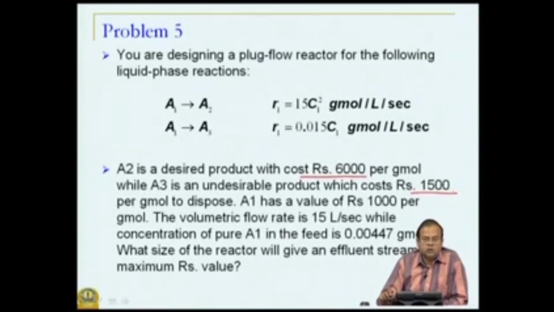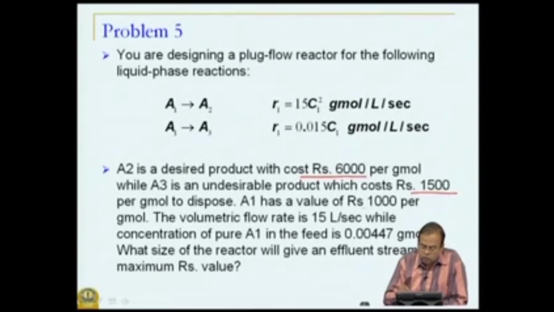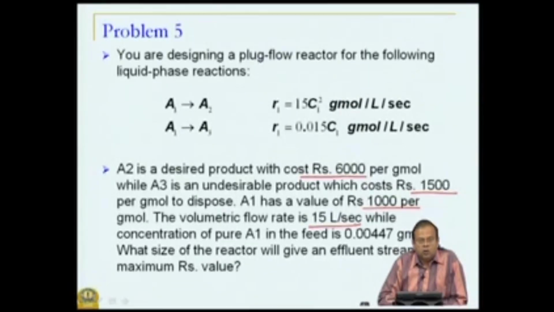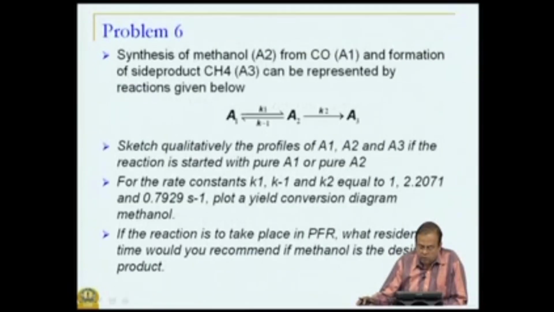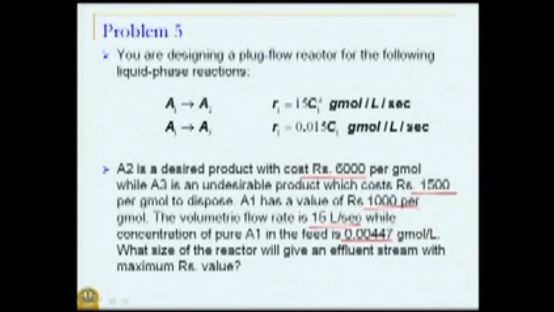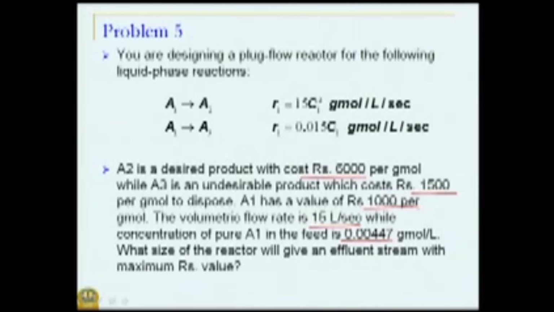So, not only is it undesirable, but it costs money to get rid of it, and A1 has a value of 1000 rupees per gram mole. Volumetric flow rate is 15 liters per second, while concentration of pure A1 in the feed is also given. What size reactor will give an effluent stream with maximum value?